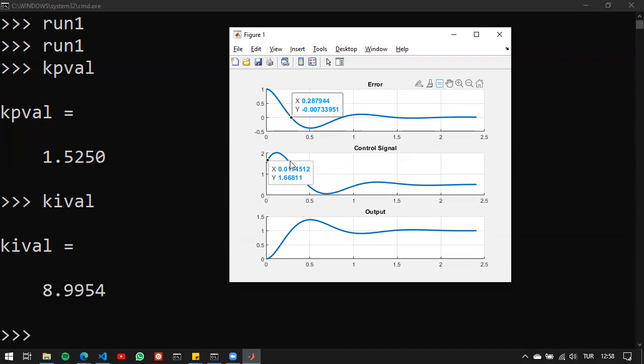But since we are still applying a certain control signal, we have an overshoot here. The control signal goes down in magnitude. At this point, we are almost applying nothing here. But then we still have some error left here.